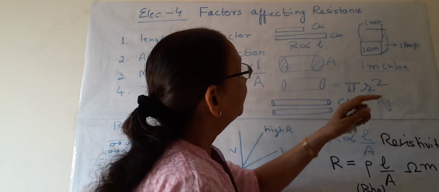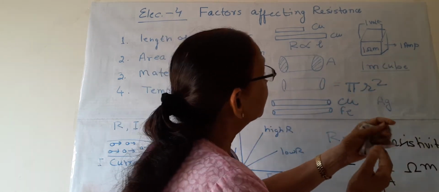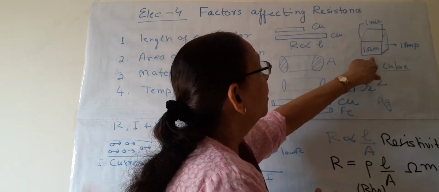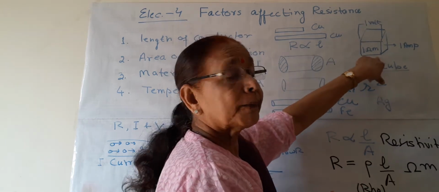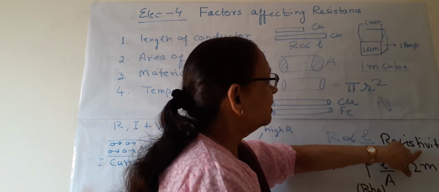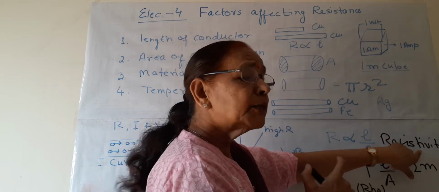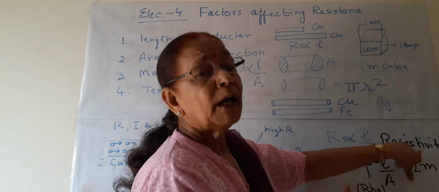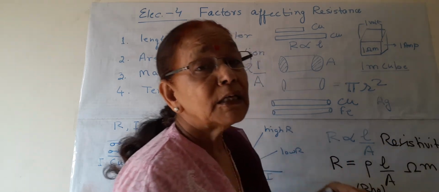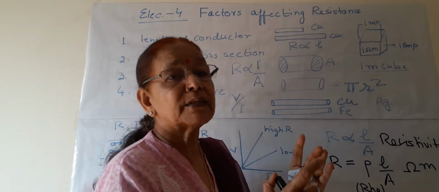Now we can define resistivity. It is the resistance of this cube. When we are saying it is the resistance, then it is a special resistance, and it is also known as specific resistance.